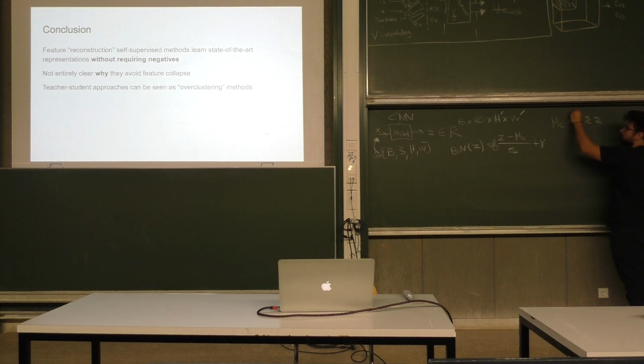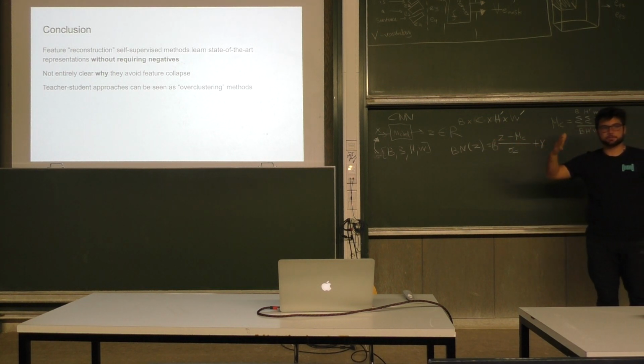So I will shortly write batch size and width divided by. So here, since we don't take the average over the channel dimension, basically we allow each channel to have different means.